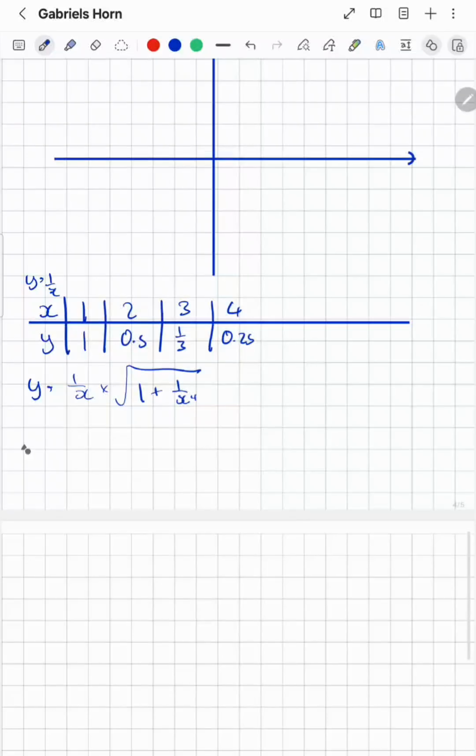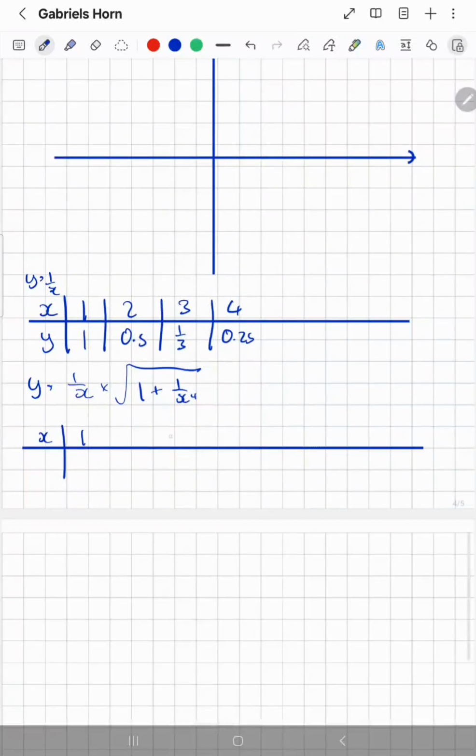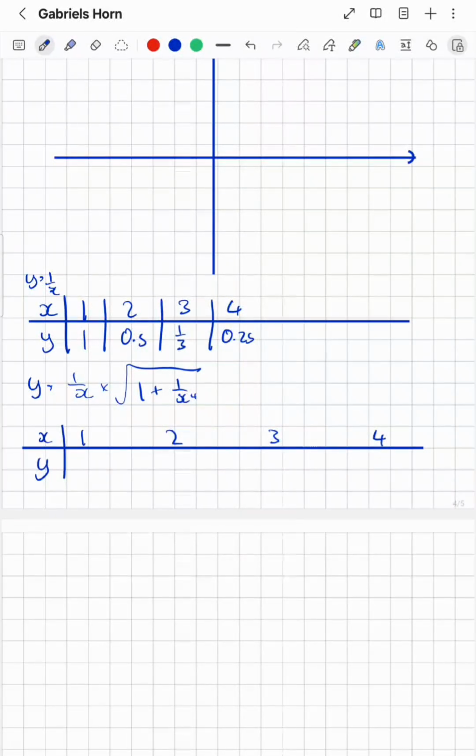So, if we take the same x values, x equals 1, 2, 3, 4, I want to get it to some higher sig figs. So y will be equal to, for x equals 1, let me just put it into my calculator: 1 over x multiplied by the square root of 1 add 1 over x to the power 4.